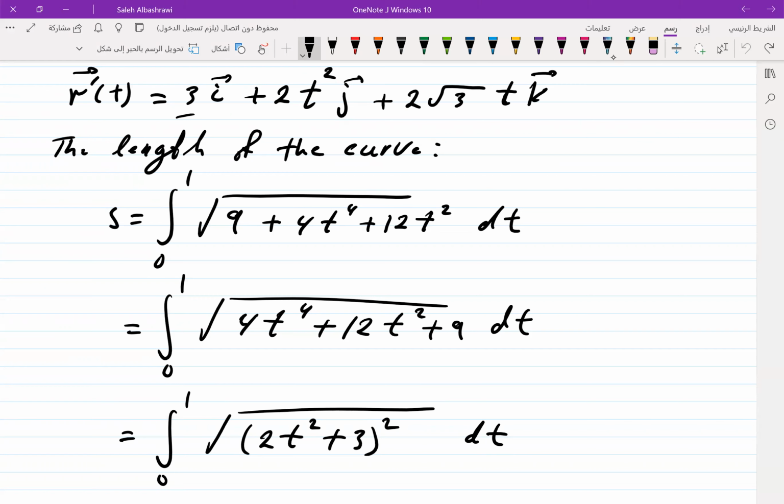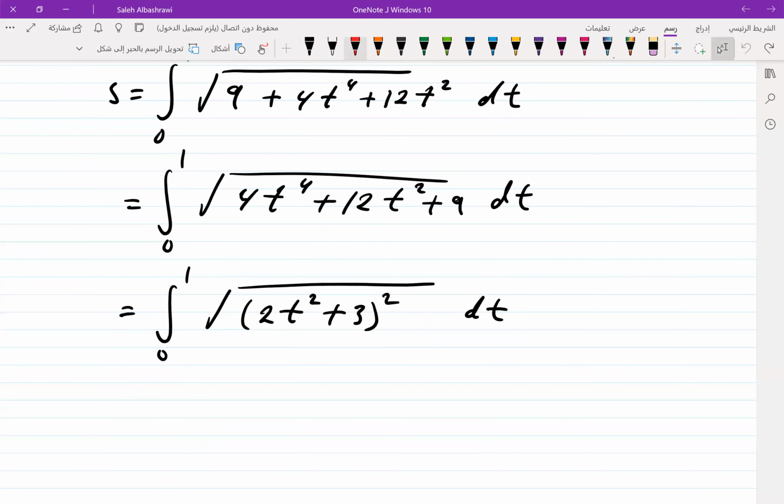This is by special factoring. This is a perfect square, so we can remove the square root with the square.